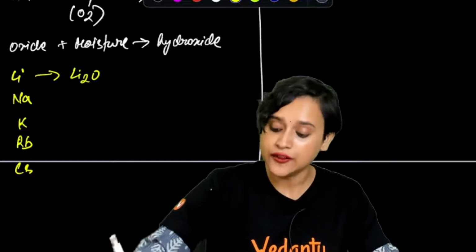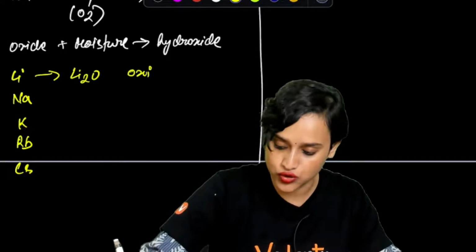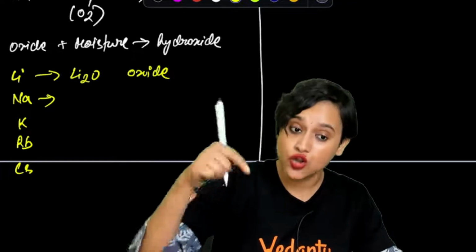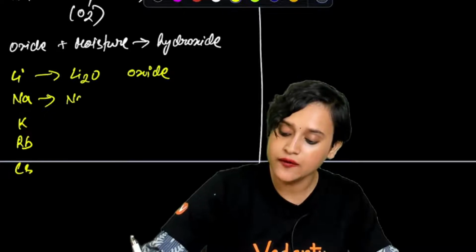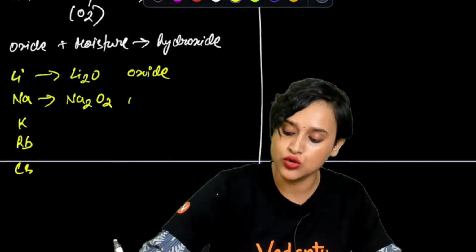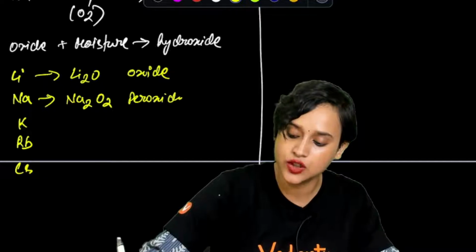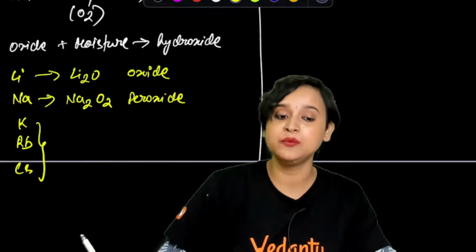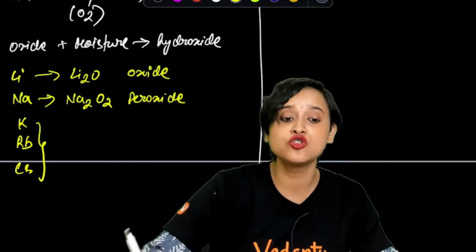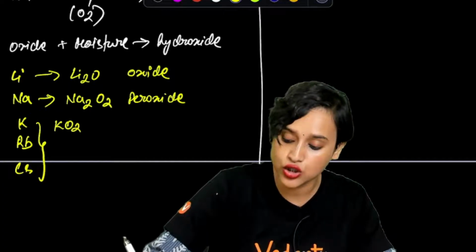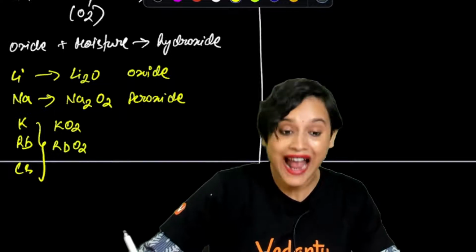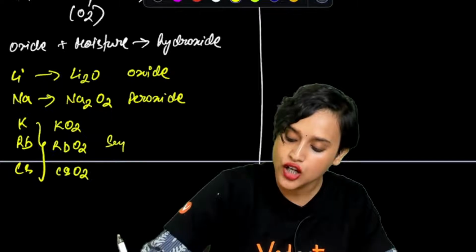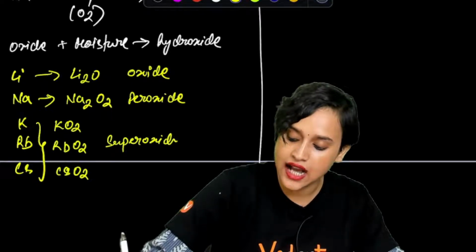Then sodium reacts with oxygen and forms a peroxide, Na2O2. Then potassium, rubidium and cesium form superoxide: KO2, RbO2 and CsO2. These are your superoxides.